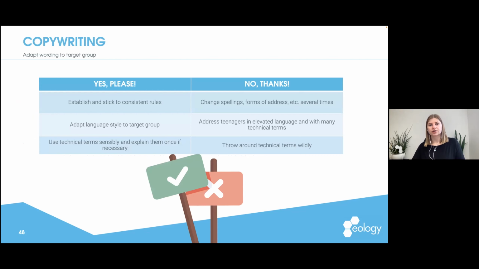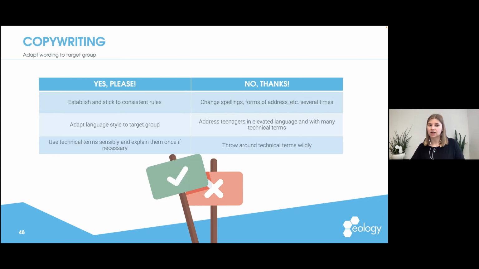Adapt wording to the target group. What you can do is establish, of course, and stick to consistent rules, which you stated before. Adapt your language style to your target group and use technical terms sensibly and explain them once if necessary. Don't change spelling or forms of address several times.